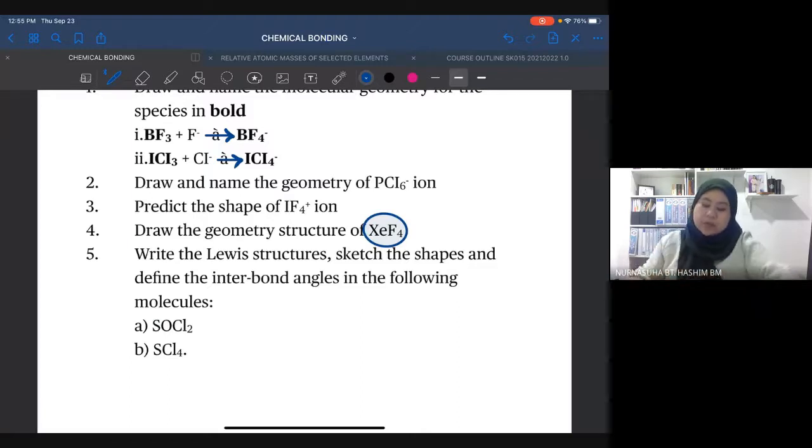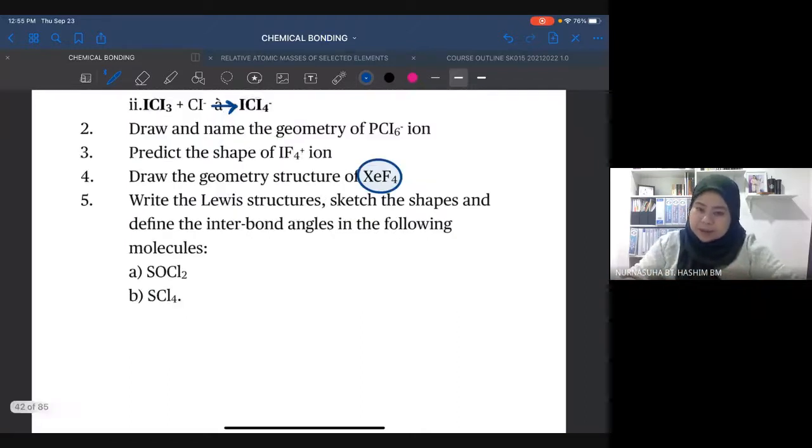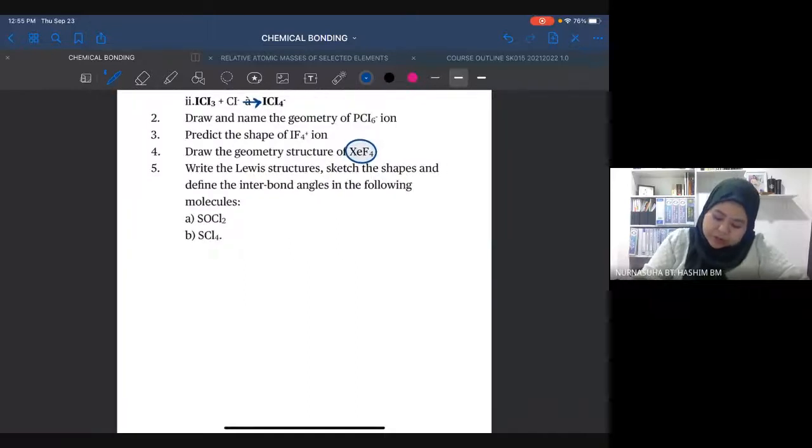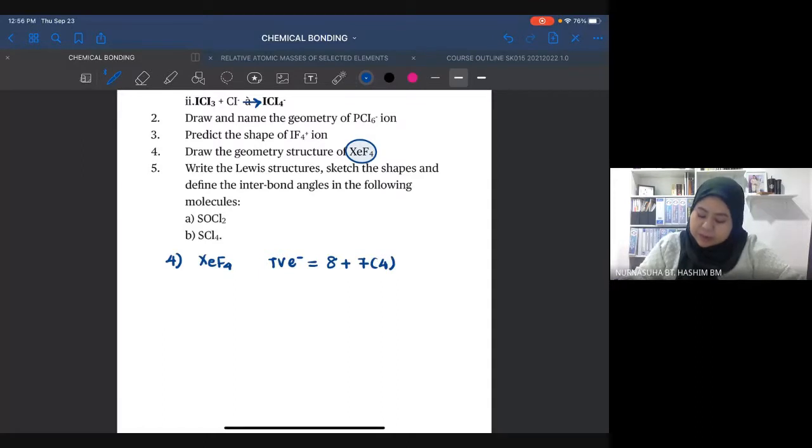XeF4. Macam mana kita nak apply apa yang kita lukis tadi. So, question number 4. XeF4. So, total valence electron first. Xenon adalah group 8. So, 8 valence electron plus 7 times 4, 28. 28 tambah 8 should be 36 electron.